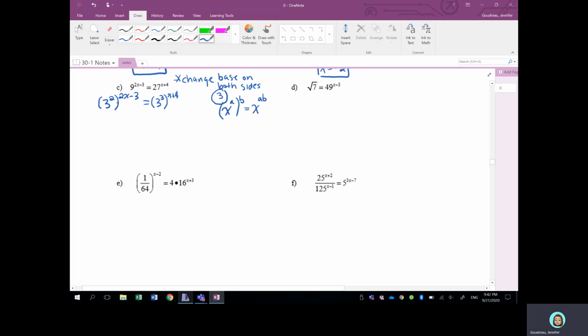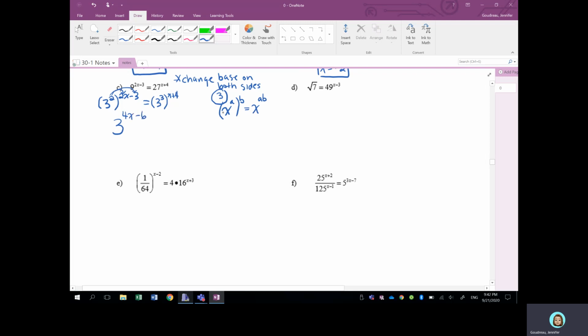So here, when I have 3 to the power of 2, to the power of 2x minus 3, I'm going to multiply these exponents. Because I have a coefficient and a binomial, when I multiply, we have to distribute. So our left-hand side is going to become 3 to the power of 4x minus 6.